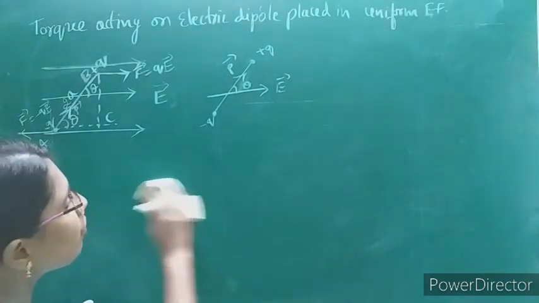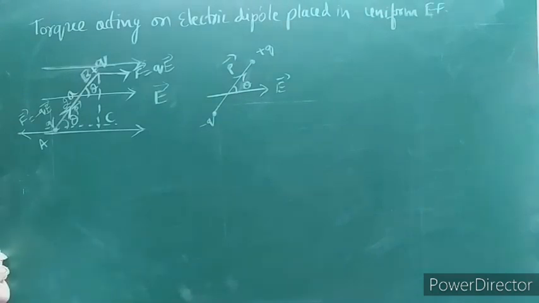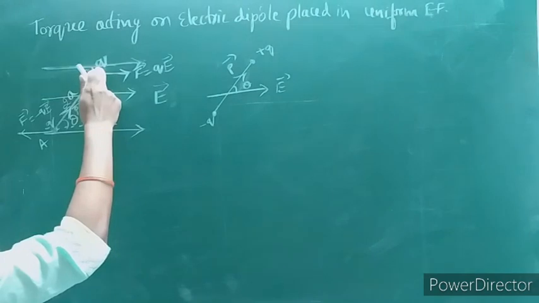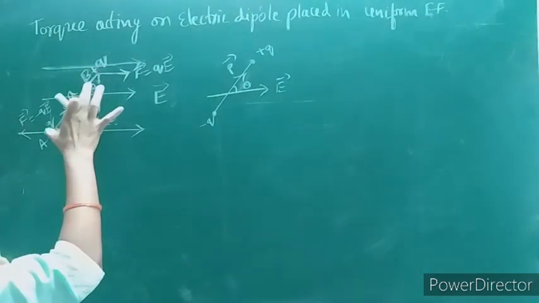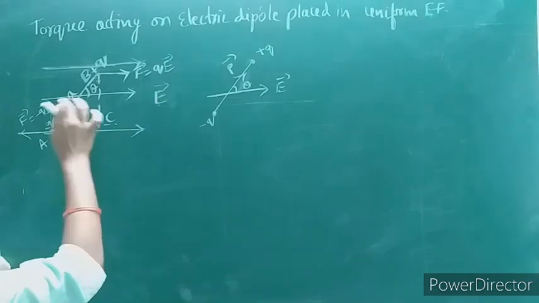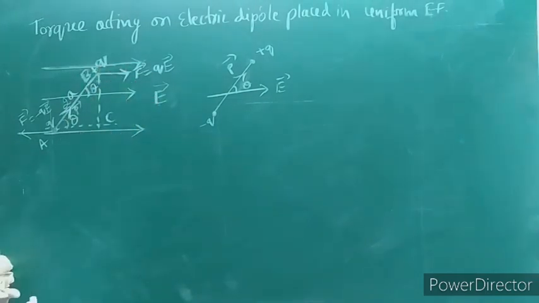Now, what is the amount of torque acting on this dipole by this electric field? That we have to discuss. For that, let us consider an electric dipole consisting of two charges, one negative and one positive. That is electric dipole AB, placed in the presence of a uniform electric field. Okay.